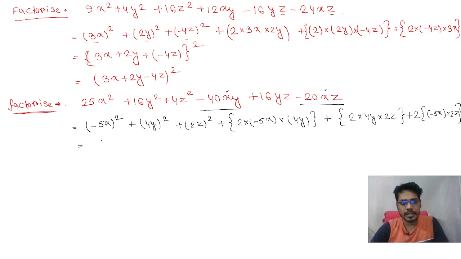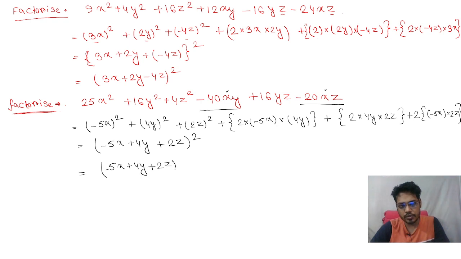So here we can write that it is minus 5x plus 4y plus 2z its whole square. So that means we can say it is the same thing, minus 5x plus 4y plus 2z its whole square.